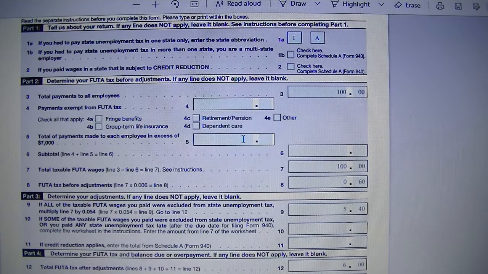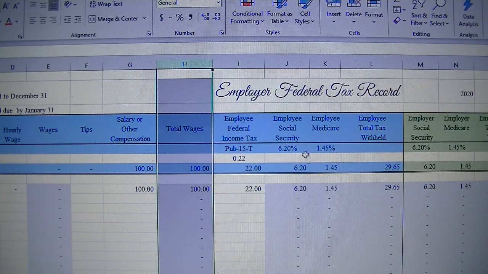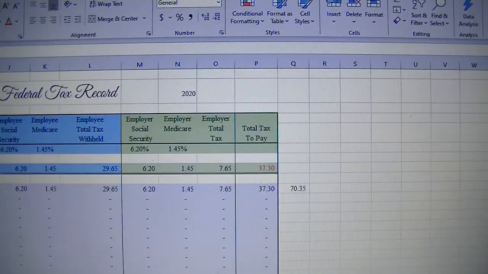You'll do that for each one of your staff members that you pay more than $7,000 to during the year, and you take $7,000 off of each one of their salaries, and the remaining will go on line 5. So that means you'll need to adjust your spreadsheet or add more rows to be able to take the first $7,000 off to find the remaining excess for each one of your employees or staff members.